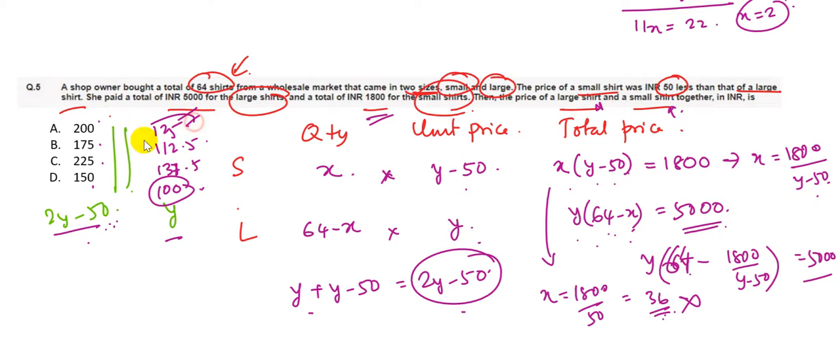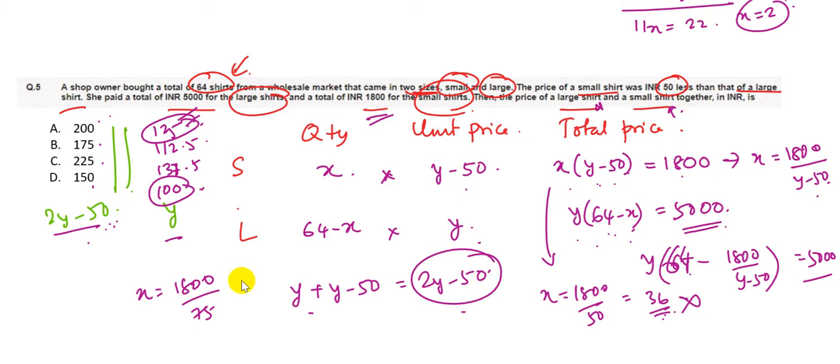Next I go to 125. So if I put 125, then from the first equation I'll get x equal to 1800 by 125 minus 50, that's 75.